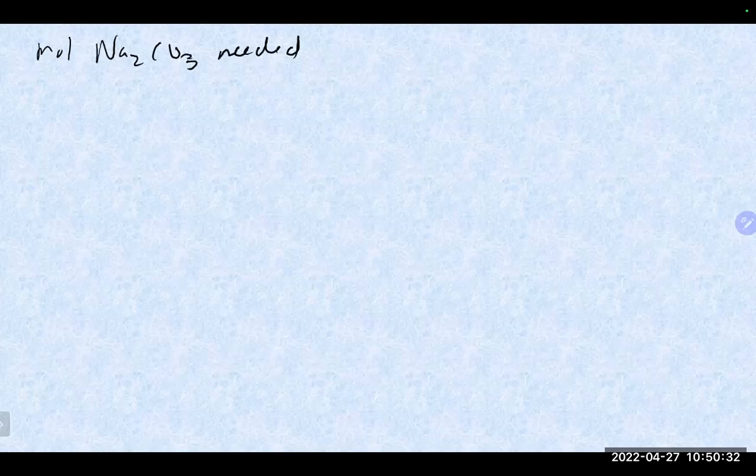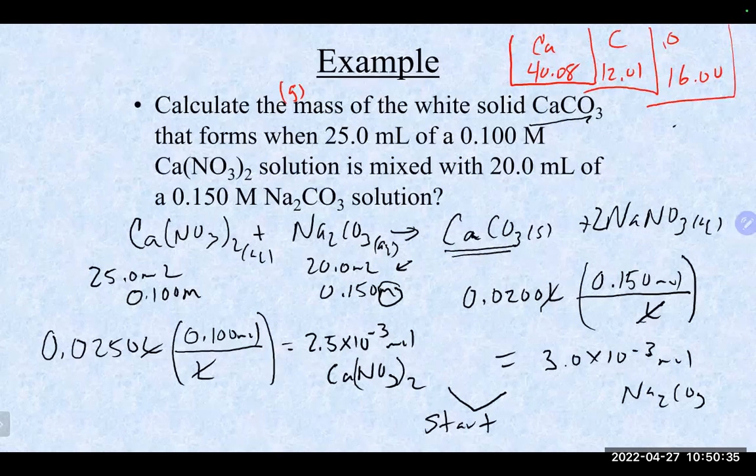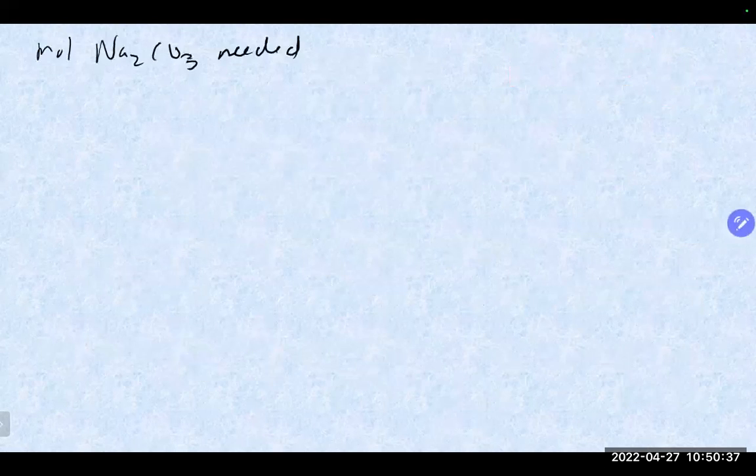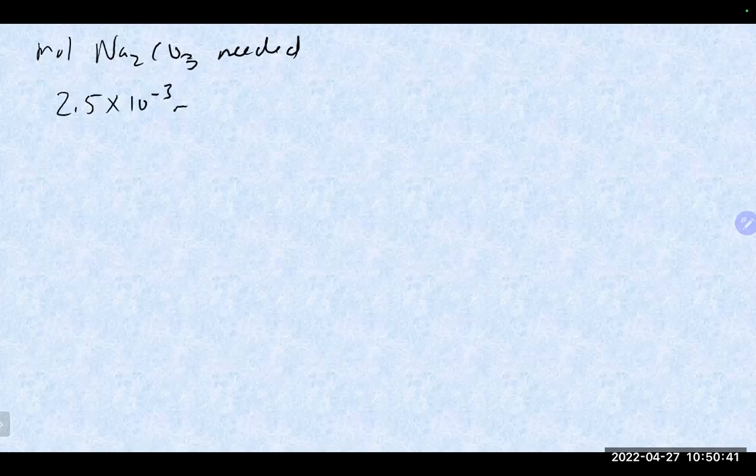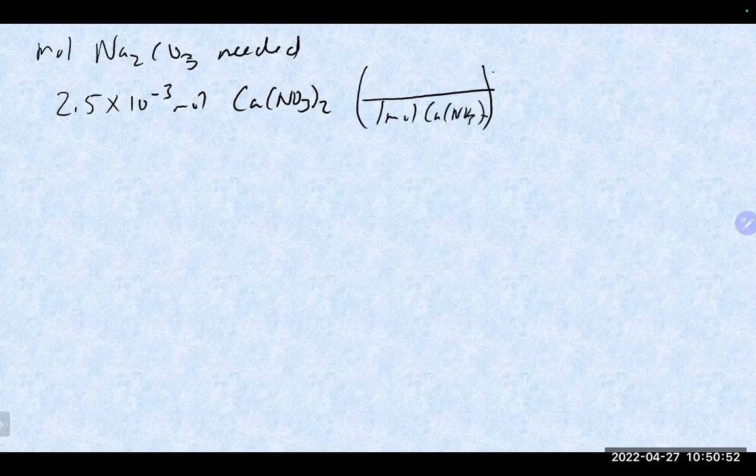And again, we would use our moles of our calcium nitrate, 2.5. Looking at the equation, 1 mole of calcium nitrate gets us 1 mole of our sodium carbonate, which means we need 2.5 times 10 to the minus 3 moles of sodium carbonate.